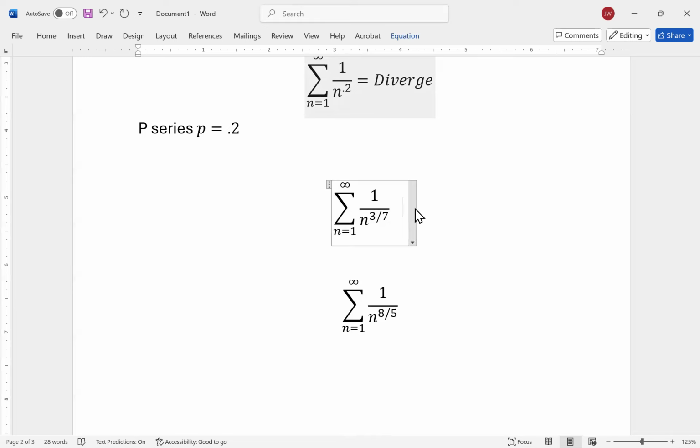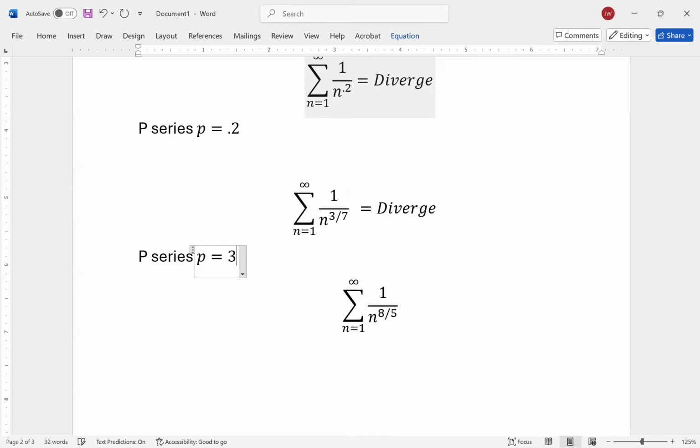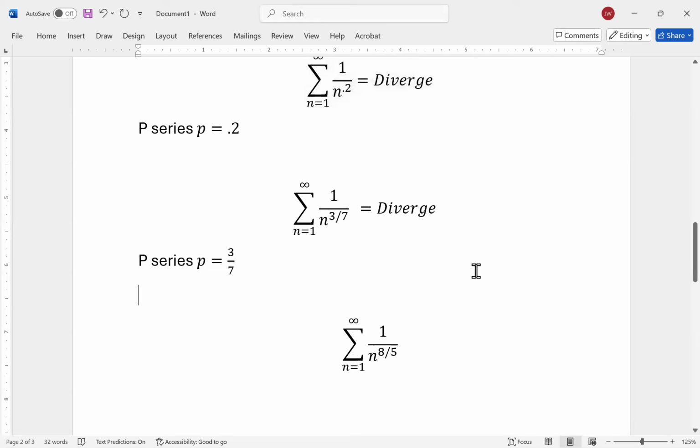One over n to the 3/7 power is also going to diverge. That is a p-series with a p-value of 3 over 7. And since 3 over 7 is less than 1, the series diverges.